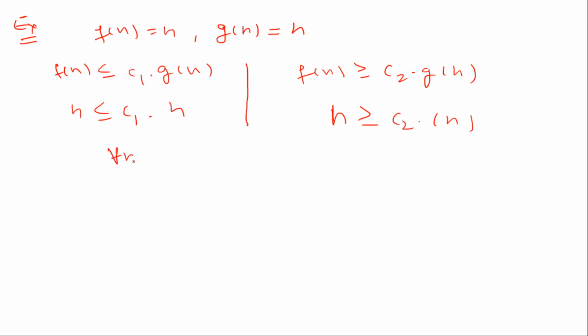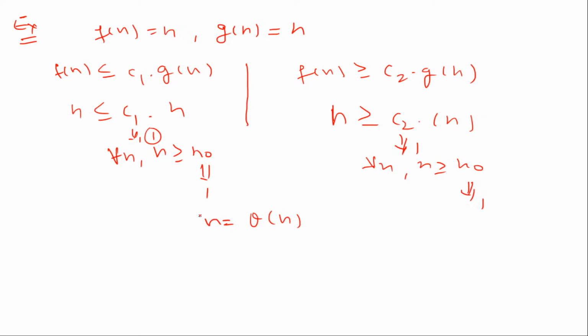Here also for n greater than or equal to n naught, put the value of n naught 1 and c1 value 1, and put the value c2 1. So it follows the condition. That's why n equals theta n, c1 1, c2 1 and n naught 1.